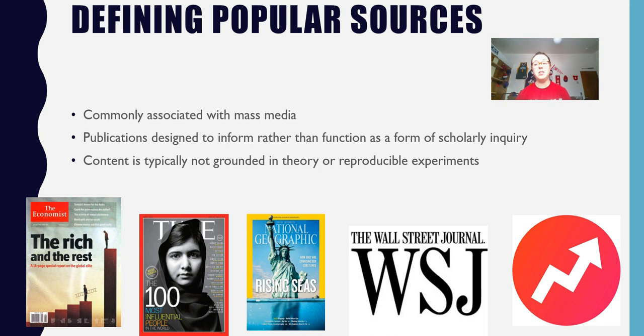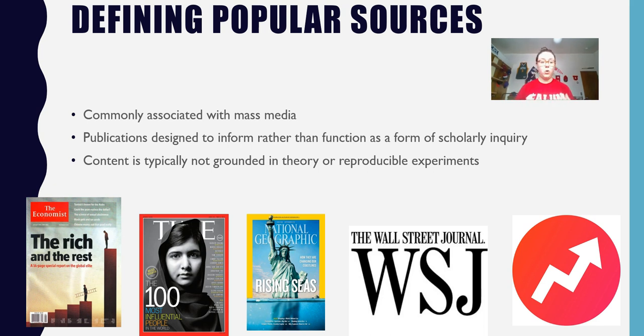It's just not going to happen. They'll say, oh, this was the experiment. Here's a brief sentence on how this experiment was conducted. Whereas in a scholarly source, the methodology section sometimes can span for pages. So with popular sources, you're not going to get as much on the methodology or how the inquiry was conducted.